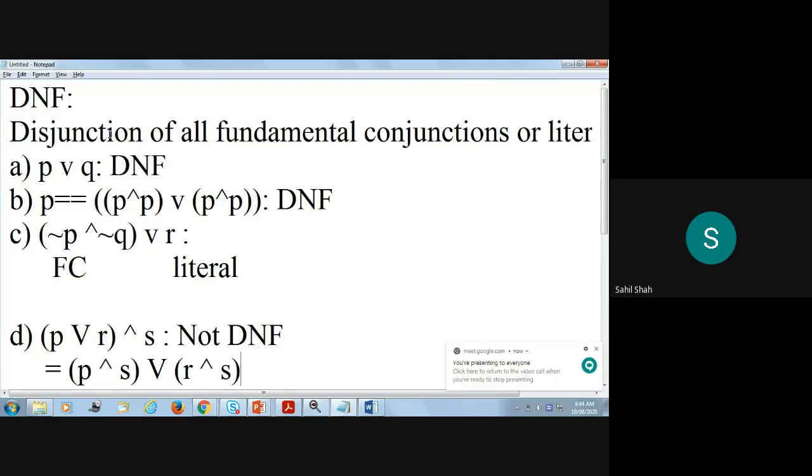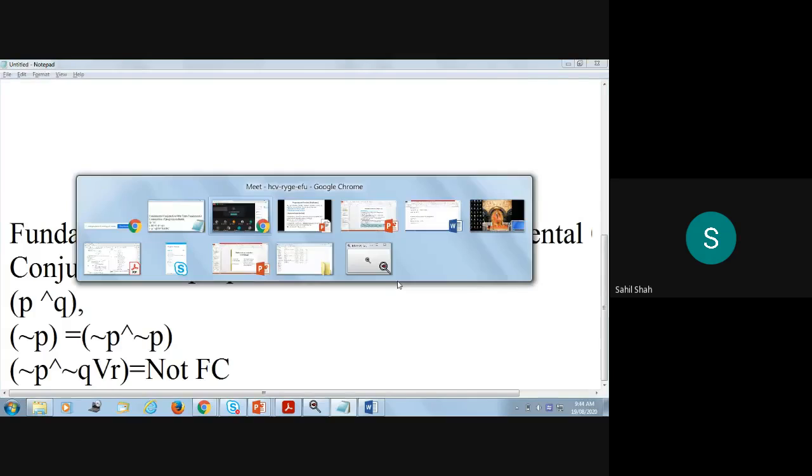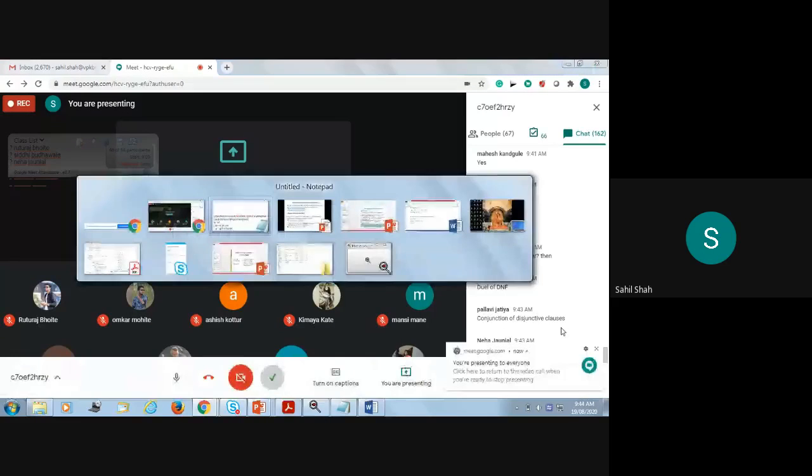Now conjunction of disjunctions or literals, that will result in conjunctive normal form. So what would be the definition of fundamental disjunction? That will also be known as a max term, or disjunctive proposition. The definition will be disjunction of propositions or literals.